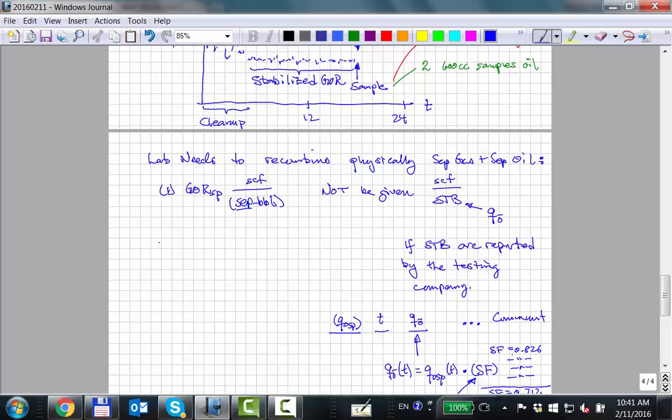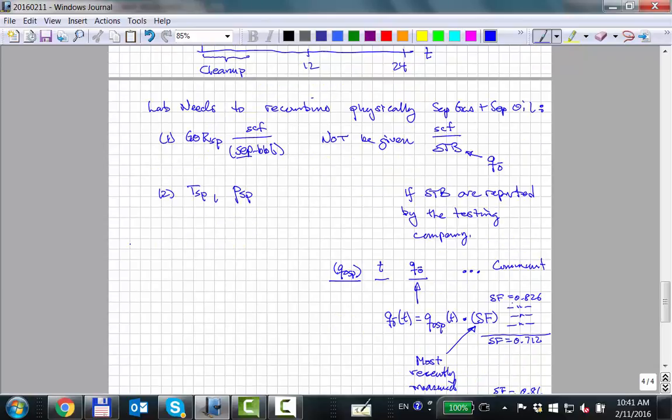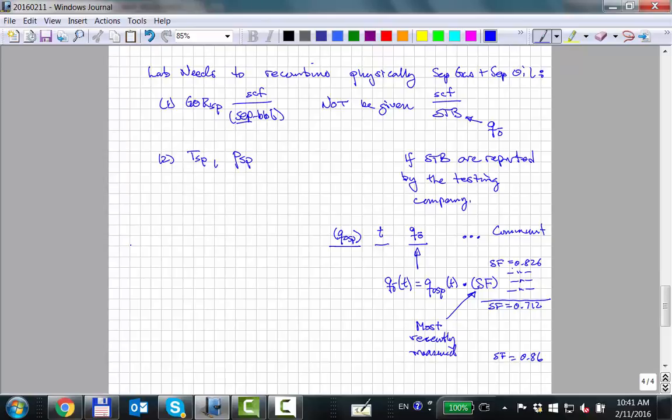So it's very important. Second thing they need to know is the separator pressure and temperature. This is related to a number of things. And I think that's pretty much it.